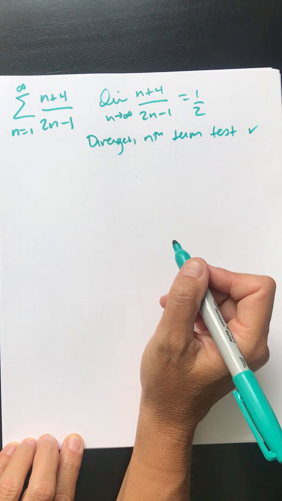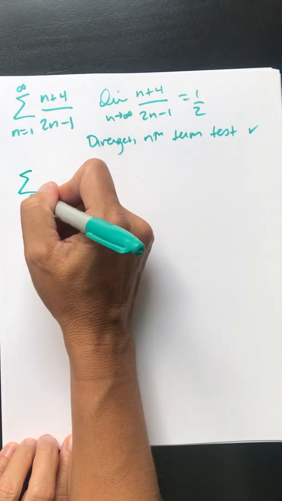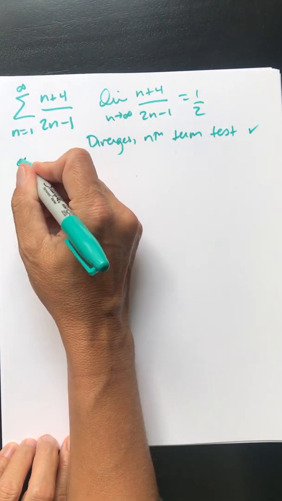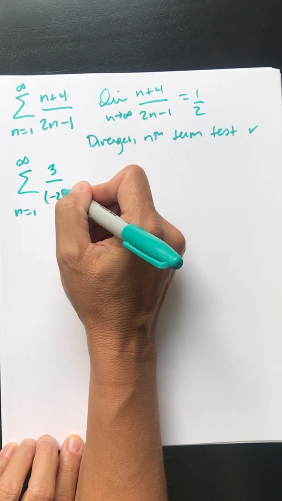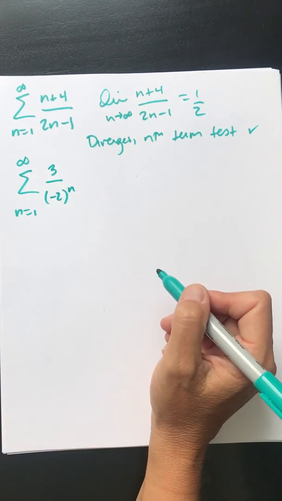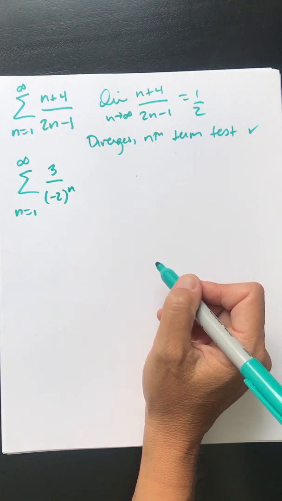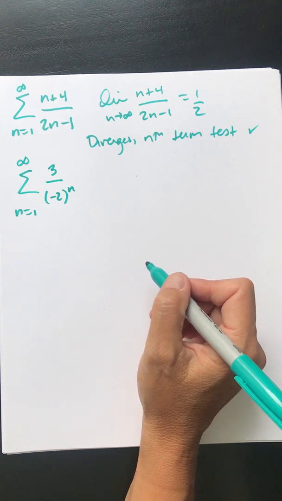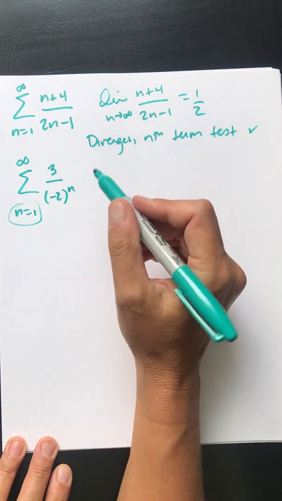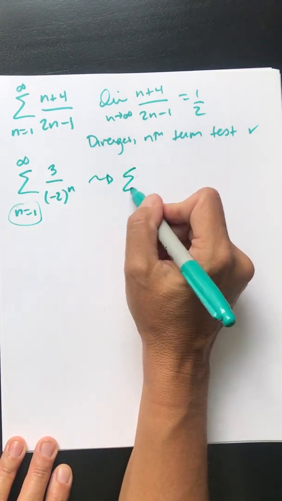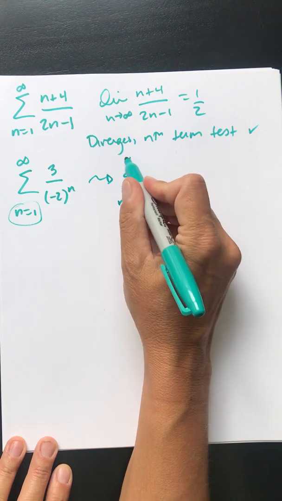So satisfying. Let's take the sum from n equals 1 to infinity of 3 over negative 2 to the n. This is a geometric converging series, but it starts at 1, so we can rewrite it as the sum from n equals 0 to infinity.